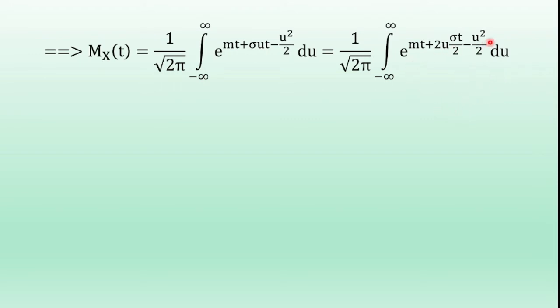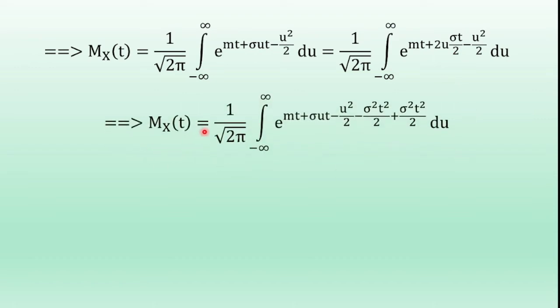So now here u square and 2 into sigma t are there. So in this exponential term, by adding and subtracting sigma square t square by 2, therefore M_X(t) is equal to 1 by square root of 2 pi, integral from minus infinity to infinity, e power mt plus 2u sigma t by 2 minus u square by 2, adding and subtracting sigma square t square by 2, du.